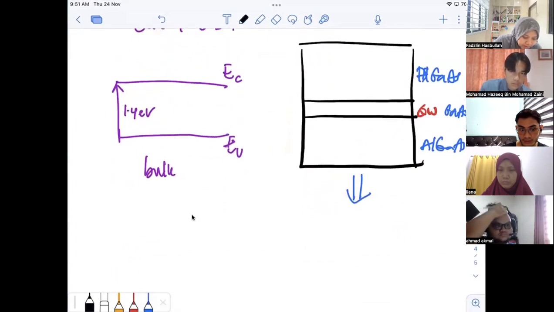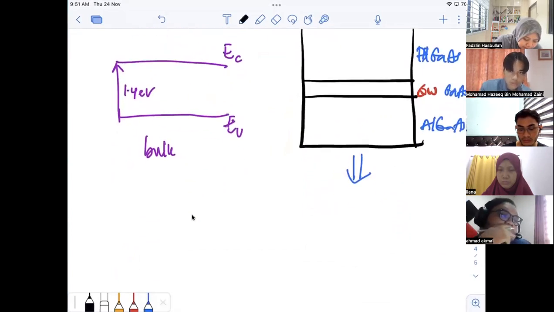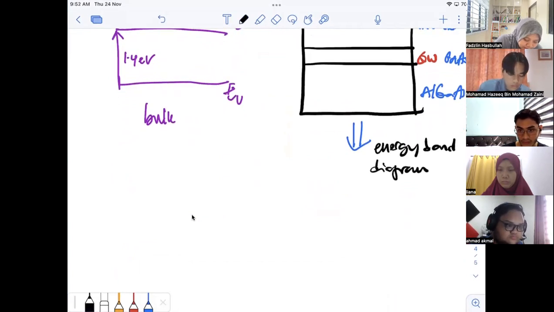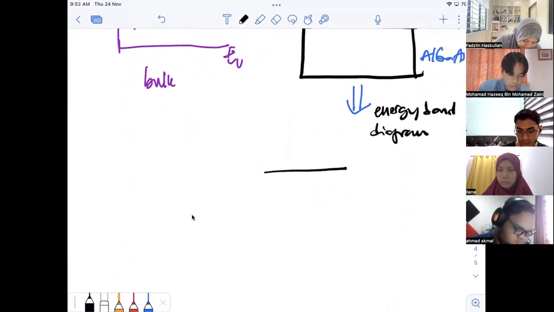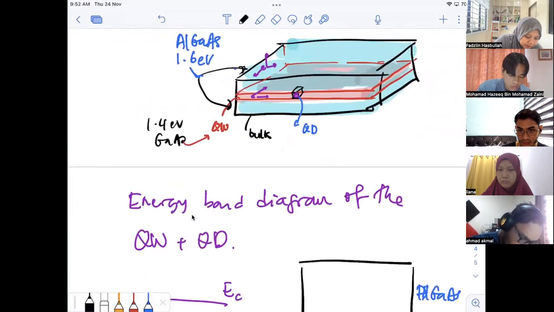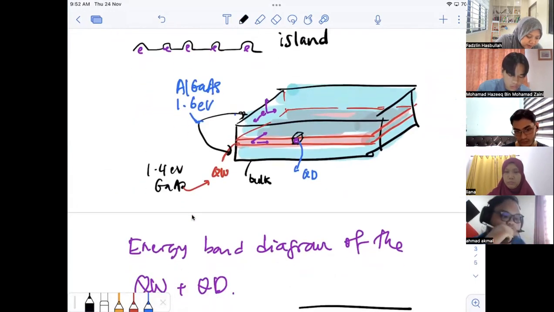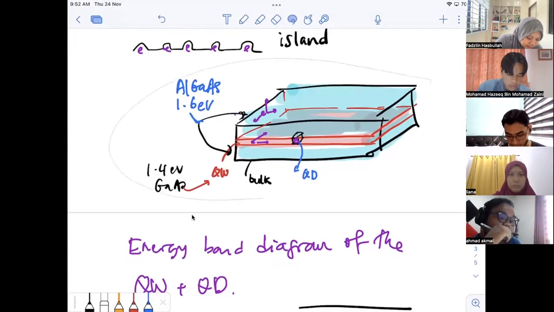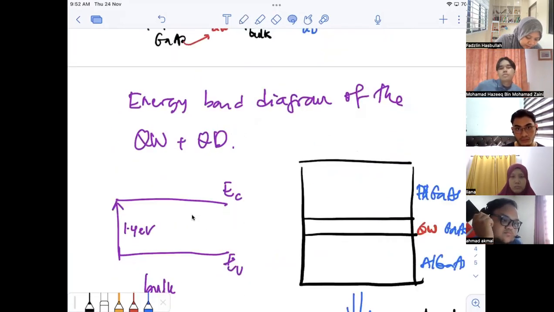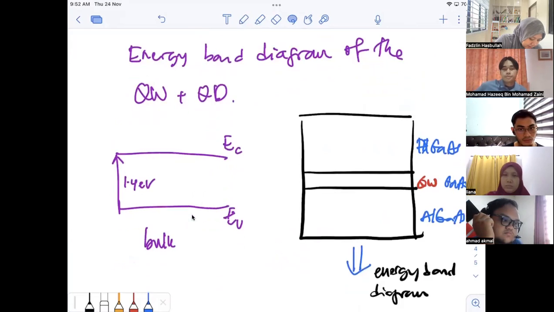Okay, so kalau saya draw ni in terms of energy band diagram, dia macam ni. Jadi kita draw tadi, saya ambil color yang sama. Kita draw sebelah-sebelah.